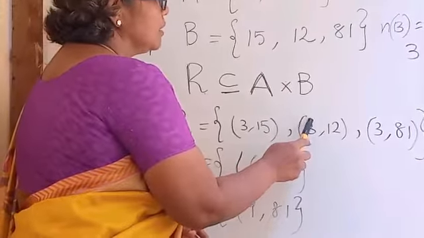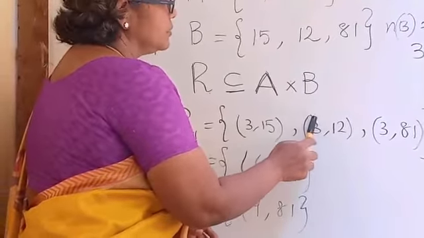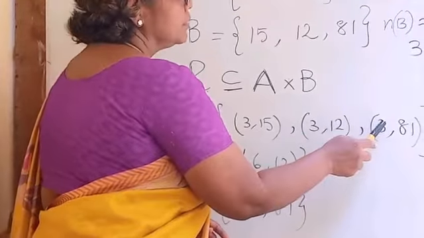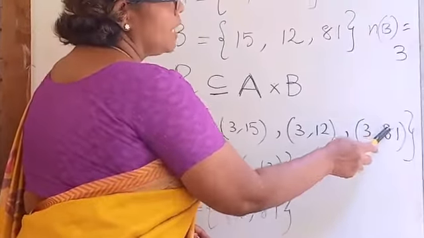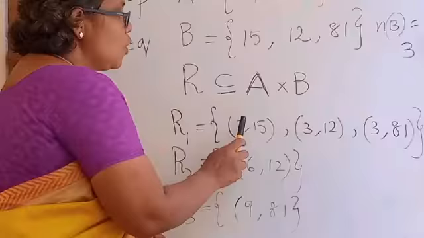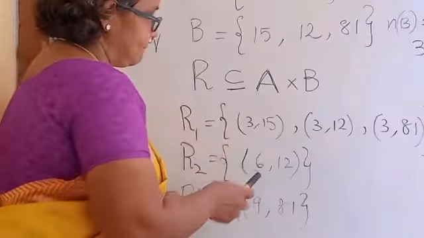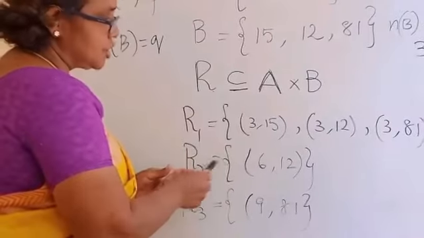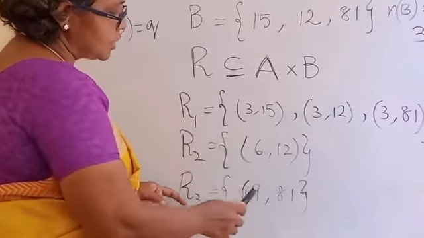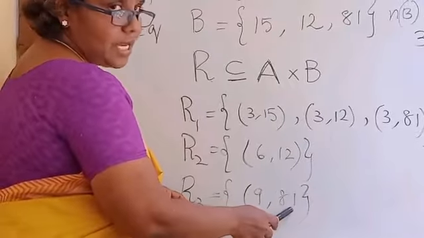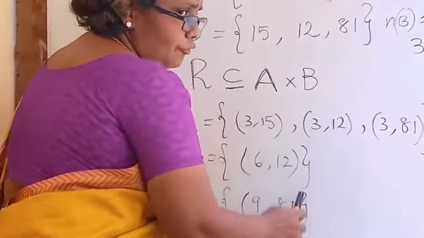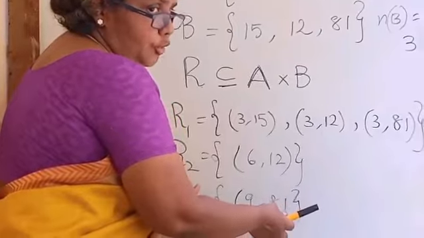Likewise, look at the second ordered pair. 3 into 4 is 12. Likewise, you can multiply this also. Am I right? So, this has got some meaning. Look at the second relation. 6 into 2 is 12. Third relation. 9 into 9 is 81. So, these are some meaningful relations that I have shown you here.